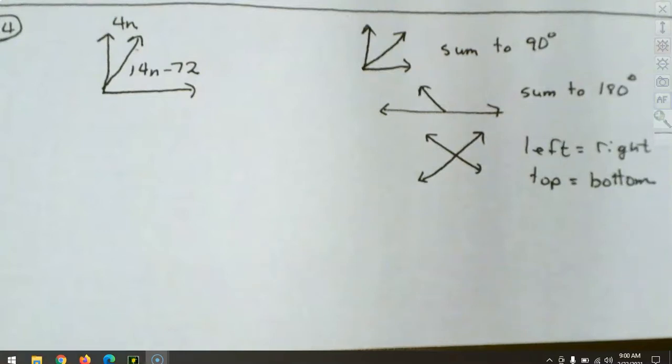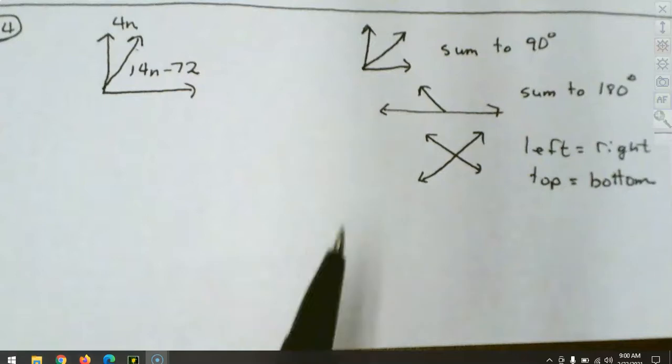Also on these, when we solve it and we get X, now X is not going to be our final answer. What we want for our final answer is we find that value and we plug it back in. And we get the 2 angles in this case. So which one does this look like? Well, this looks like what's called complementary.